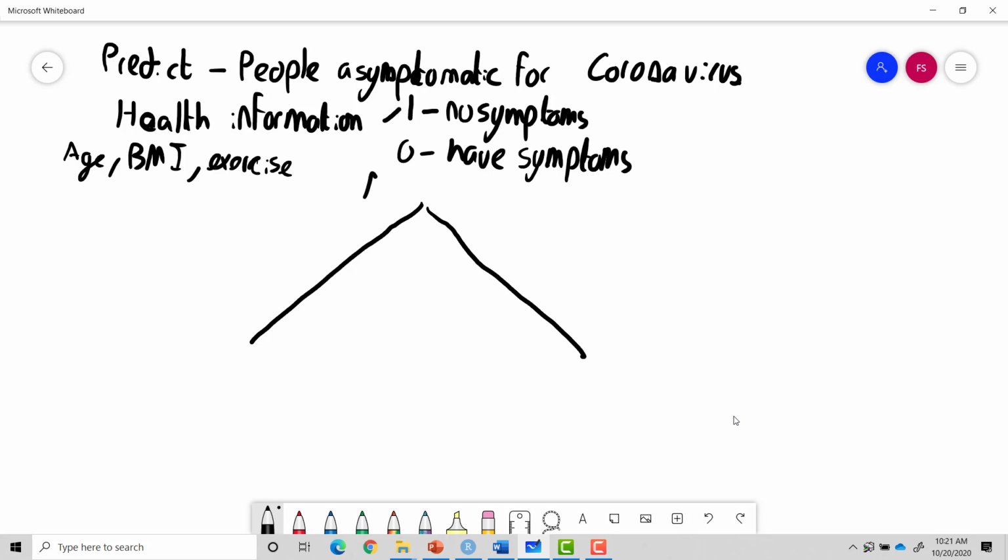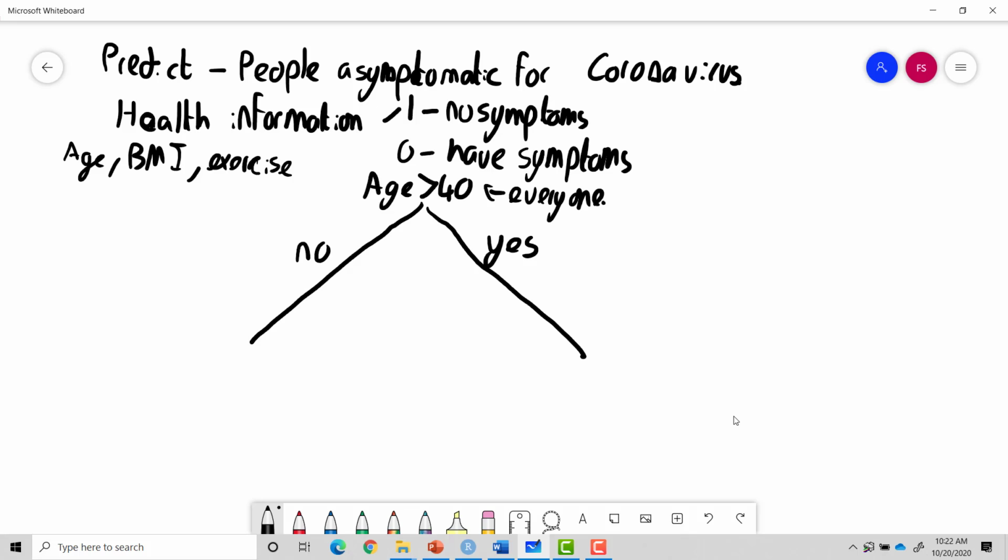Here we're going to have age greater than 40. This is basically my sample, so at the top it's everybody in the sample. And here we have ages greater than 40, and we have yes, and here we have no.